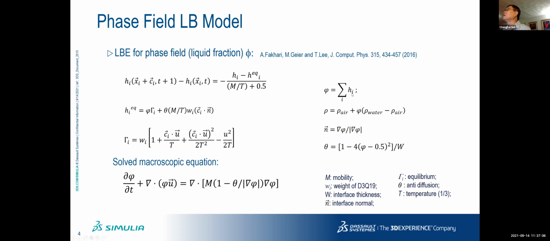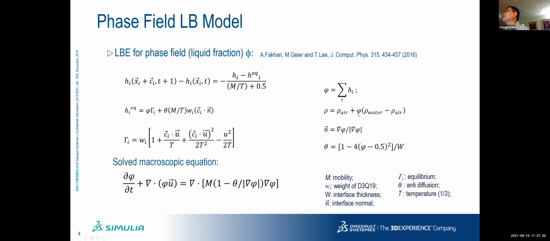The phi is defined as the summation of the phase field particle population distribution h_i. The density is defined in terms of phi.